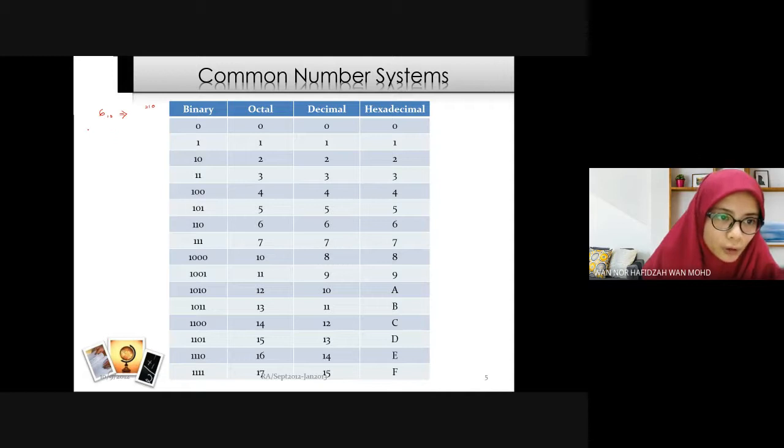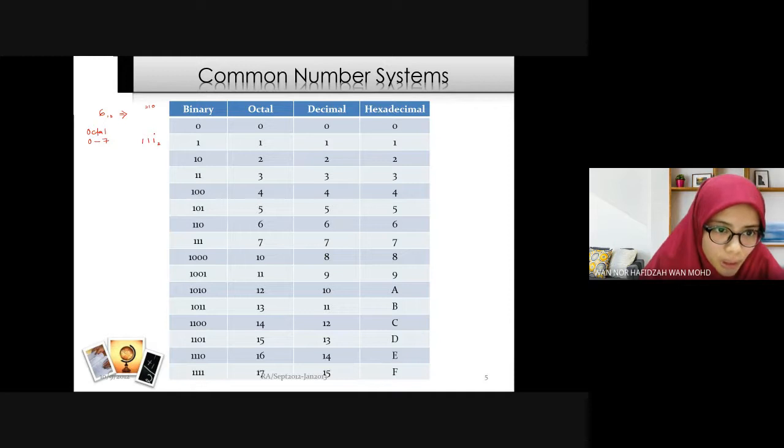We know that for octal, we have from 0 to 7. The representation is from 0 to 7. So 7 is actually 111 in binary.